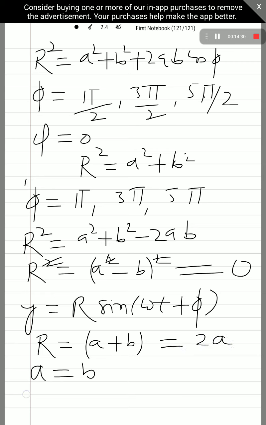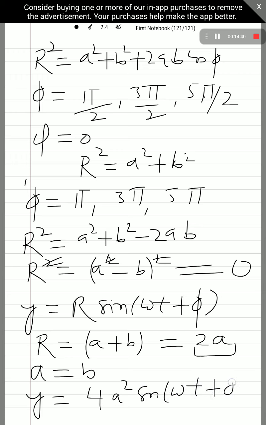So I can write y for the maxima as 4A square sin(omega t plus phi). So this is the amplitude of the resultant wave.